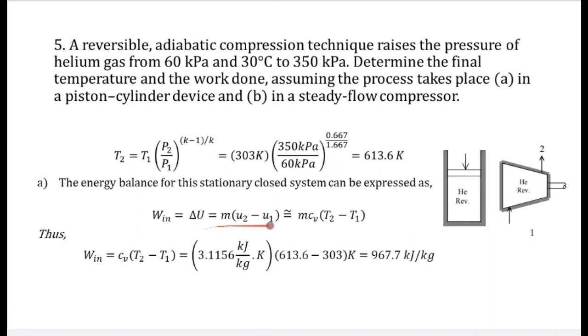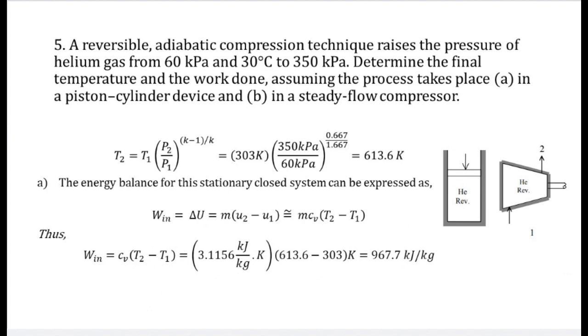We take the air in the cylinder as the system. The energy balance for this stationary closed system can be expressed as the net energy transfer by heat, work, and mass equal to the change in internal, kinetic, and potential energy. So the work in is equal to the specific heat times the change in temperature.